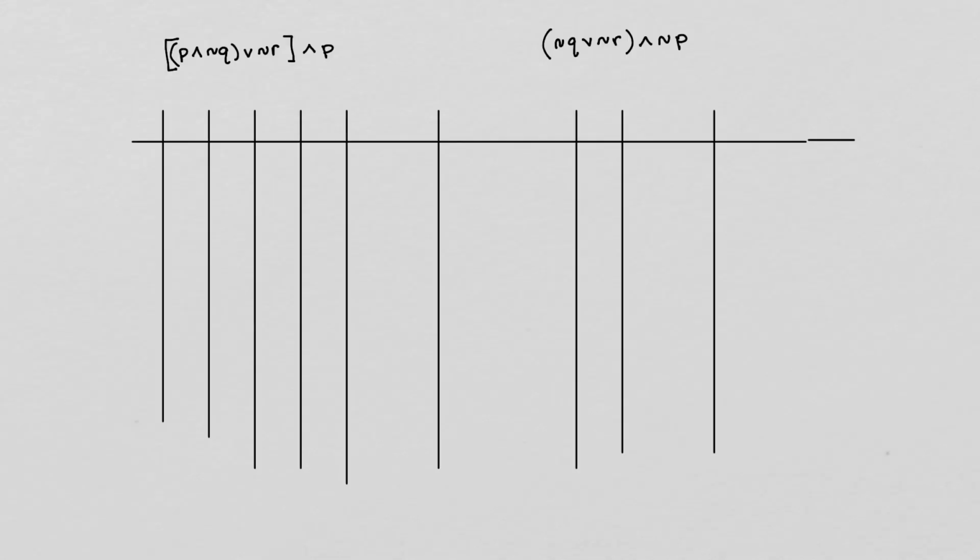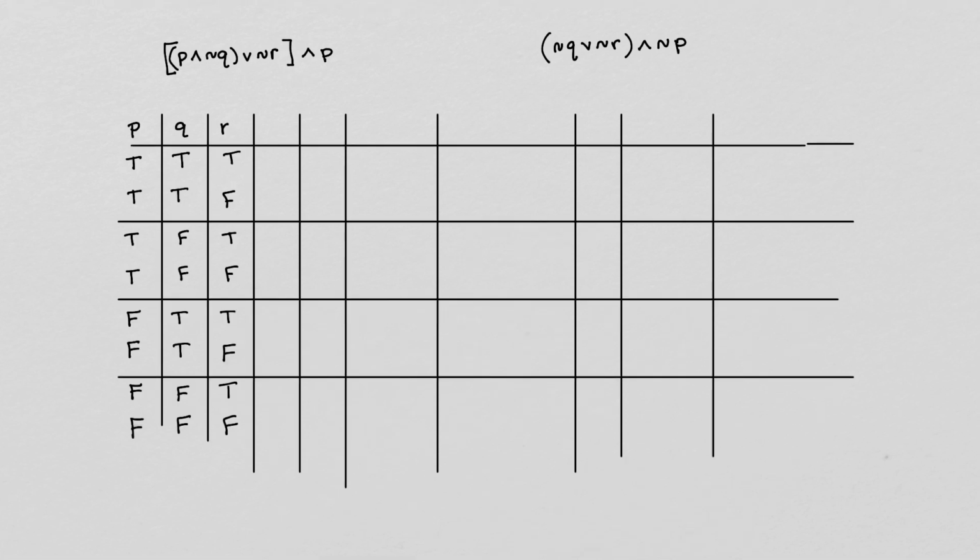Okay, so now I have my truth table somewhat set up. Let me put in my variables. Okay, so now I've got my variables set up.